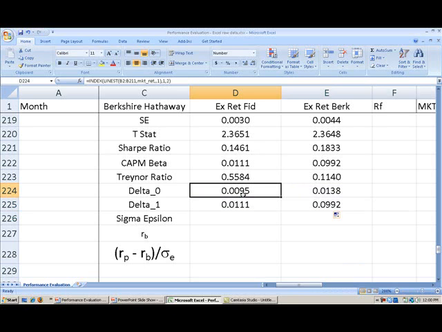Let's name these cells so that we know what's happening. Go to the name box and we'll call this D0 underscore fid so that we know we're talking about Fidelity. Now let's select delta 1 for Fidelity and we'll call that D1 underscore fid.